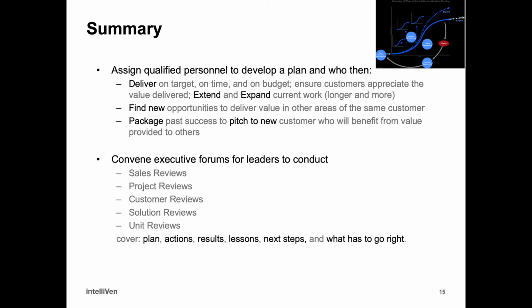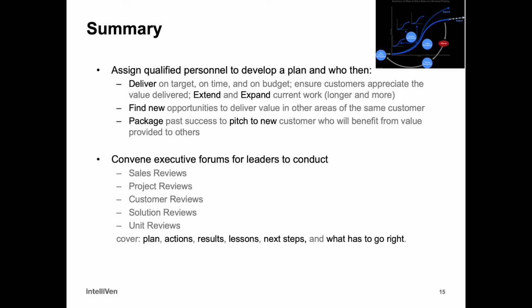And then if you have a collection of clients, a collection of offerings, a collection of prospects, you put all that together, you might call that a unit, like a business unit. So you have a specific market problem solution combination gives you essentially a business. And then for each of these sales projects, customer solutions, and units, what's the plan? Who's got the plan? Who's in charge of making it happen and coming up with it and doing it?